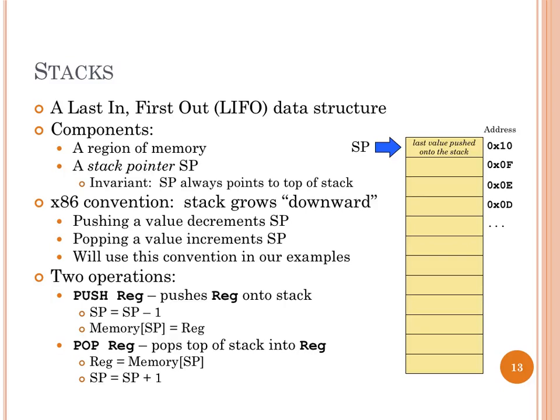Now, one slightly interesting thing to notice is, does pop actually clear the contents of the memory that was the top of the stack before? Why would it do that? That would waste time, right? The best work that we have to do, the fastest way to do it, is to not do it at all. So you can see that that memory region is going to end up at some point with old values in it.